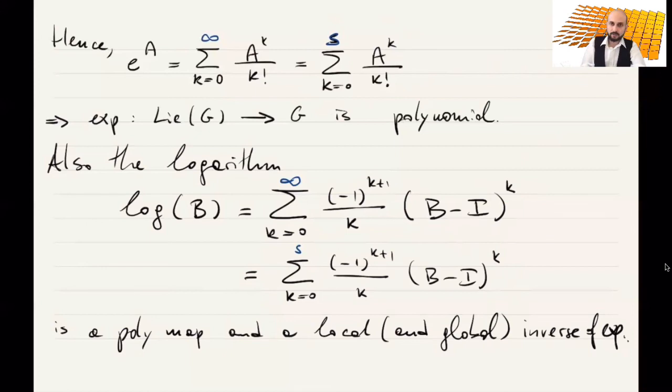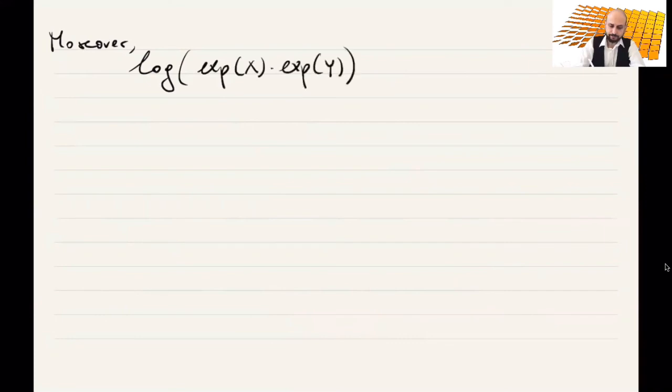Let's now consider the Baker-Campbell-Hausdorff formula. Moreover, the Baker-Campbell-Hausdorff formula tells us that we can write the logarithm of exp of x times exp of y, when x and y are close enough to the origin, as a sum of commutators of x and y. But in our case, log is a polynomial.